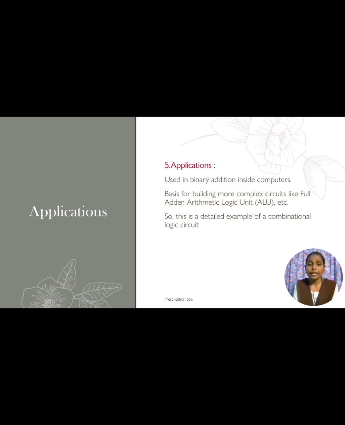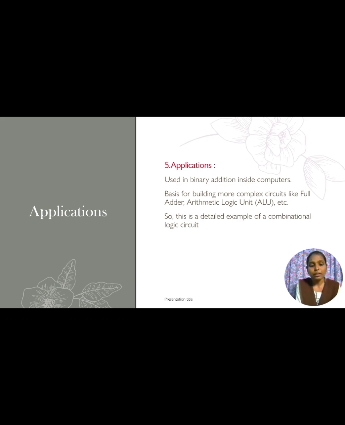Then data selection. Combinational circuits are useful for data selection, like multiplexers and demultiplexers for routing signals, and also data conversions, that means binary to Gray, Gray to binary, BCD, and 7 segment display circuits, and also logic implementations.